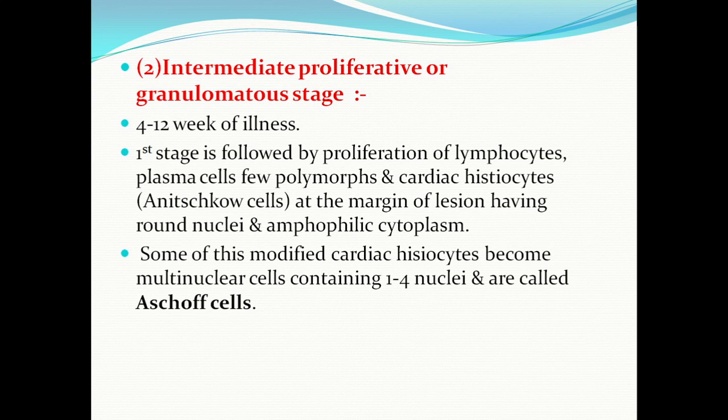After the early stage, there is a proliferation of lymphocytes, plasma cells, and cardiac histiocytes, meaning Anitschkow cells, and these Anitschkow cells come together and become modified cardiac histiocytes in the form of Aschoff cells. So it's all about the second stage. The keywords are 4 to 12 weeks and granuloma in the form of lymphocytes, plasma cells, cardiac histiocytes, and Aschoff cells.